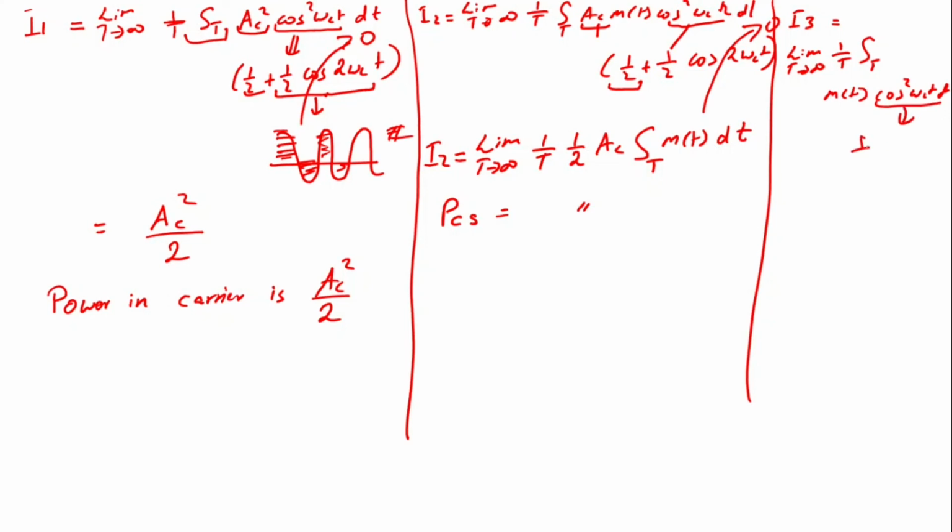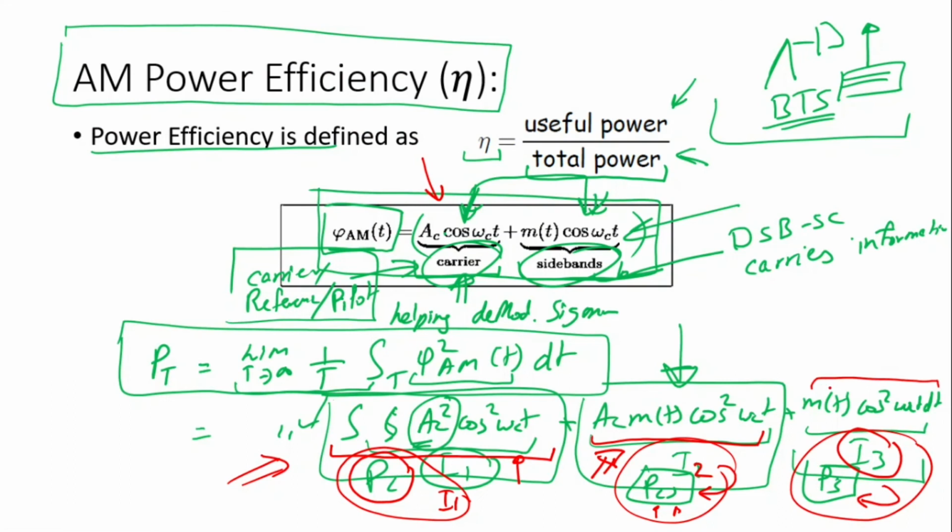So again this is 1 by 2 plus 1 by 2 cos 2 omega ct, so this would yield 0. So eventually we have this limit t tends to infinity. Note that we have a square over here as well, coming from squaring this device.